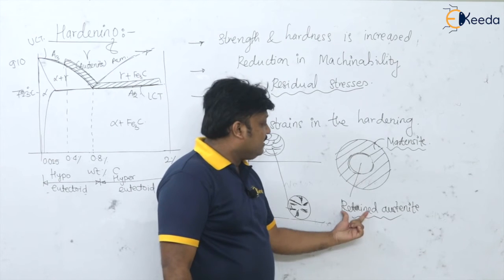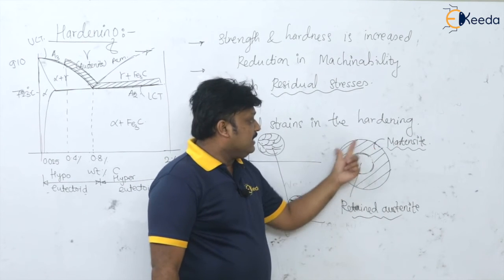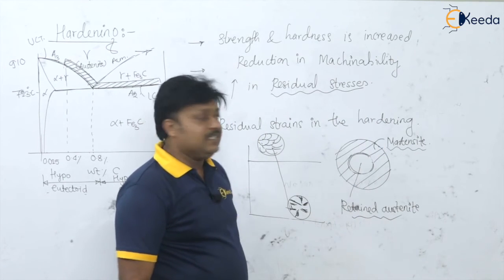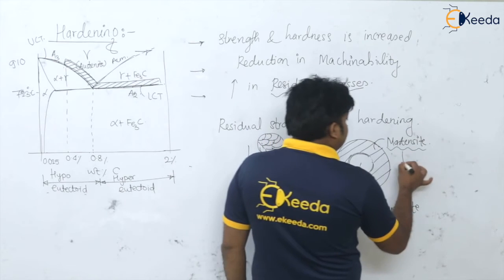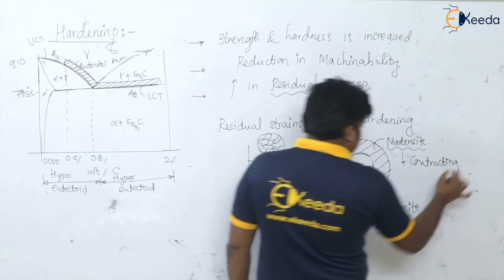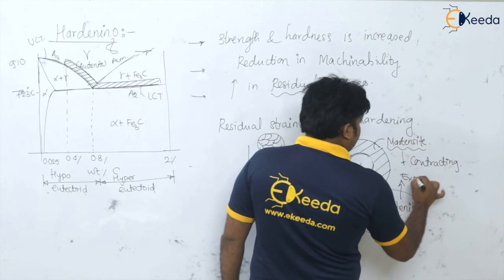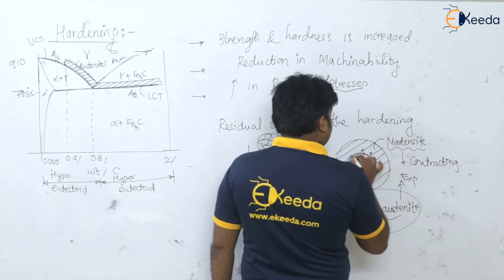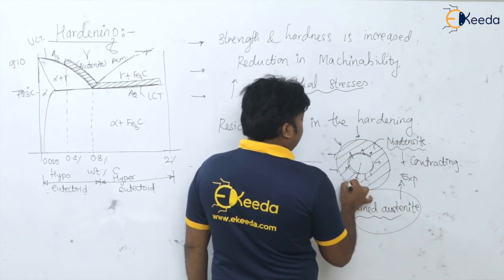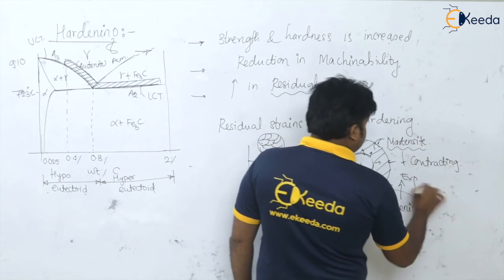And it is trying to expand, whereas martensite, because of this quenching, is trying to contract, isn't it? So martensite is contracting, and this retained austenite is trying to expand, whereas martensite tries to contract because of the rapid cooling, isn't it?